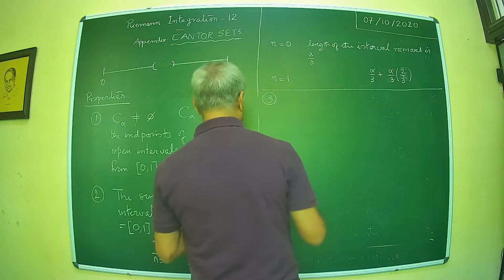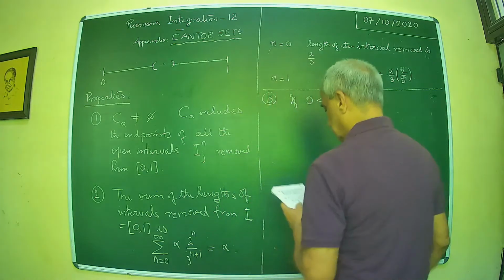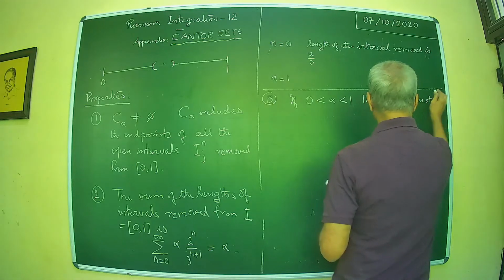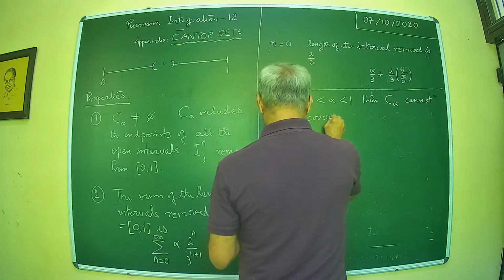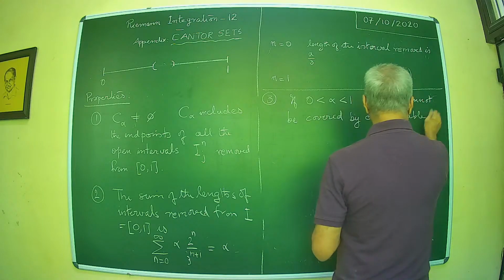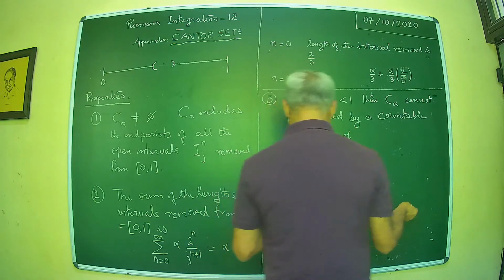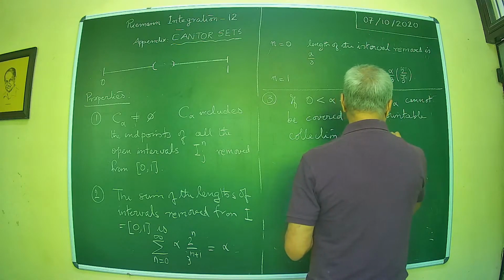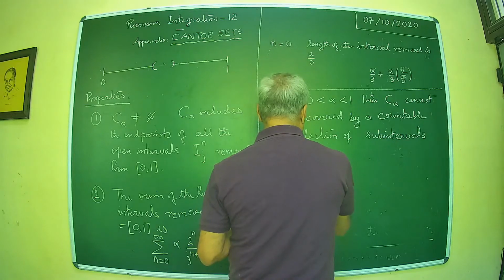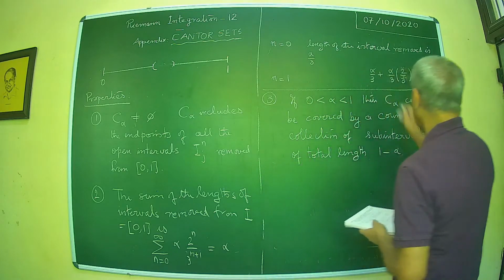The third property is, if alpha is less than 1, then C alpha cannot be covered by a countable collection of subintervals of total length less than 1 minus alpha, and we remove the whole lot of thing eventually.